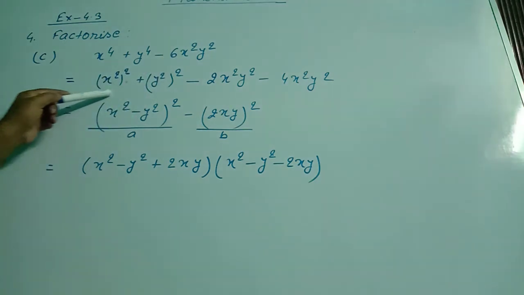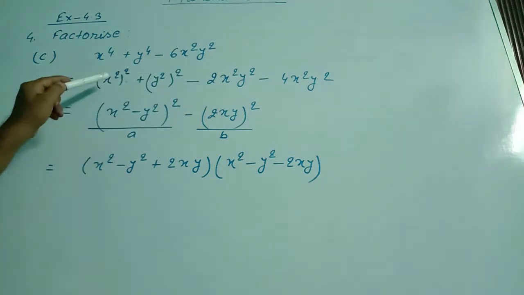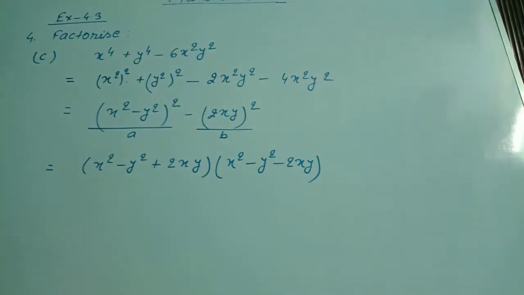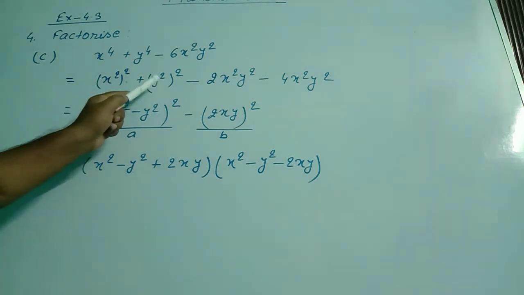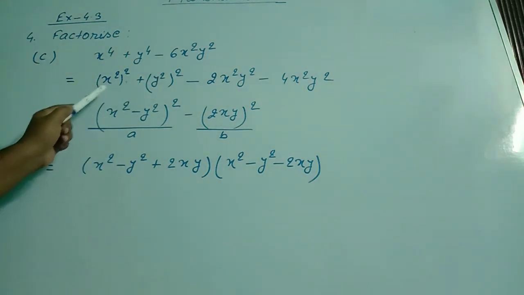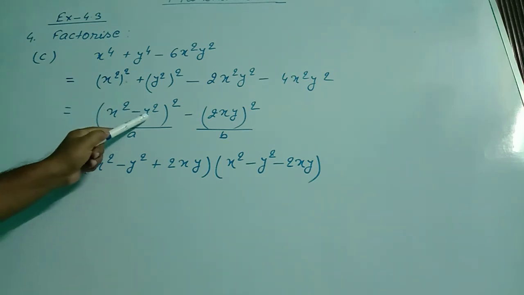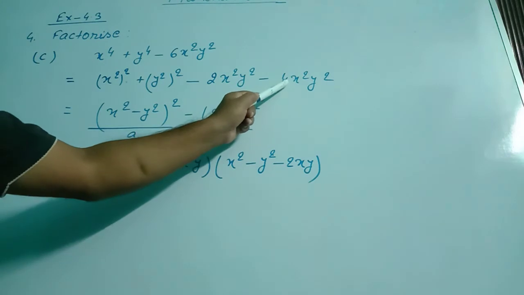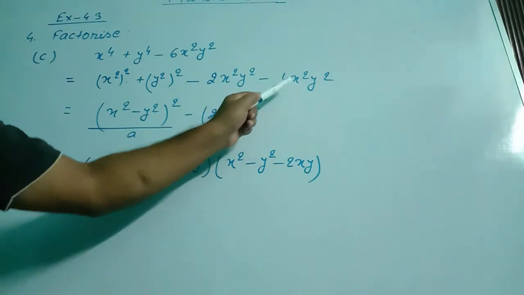Now this much expression you can see is in the form of a square plus b square minus 2ab. That will be a minus b whole square. At the place of a is x square, at the place of b is y square. So a minus b whole square means x square minus y square whole square, and this expression I have written as 2xy whole square.